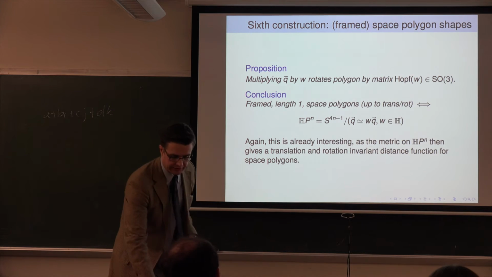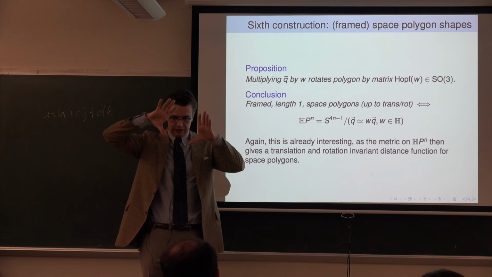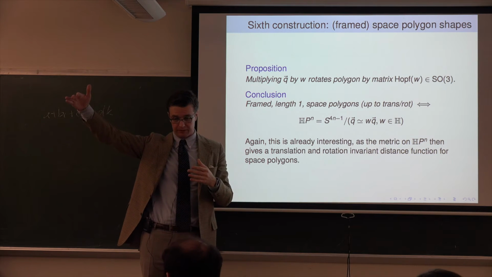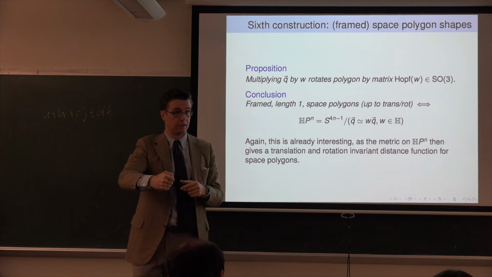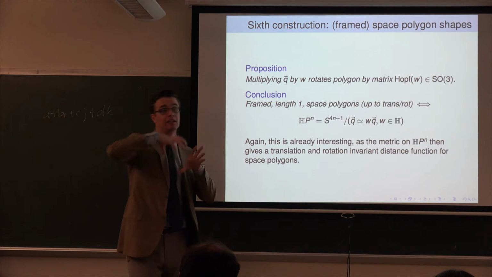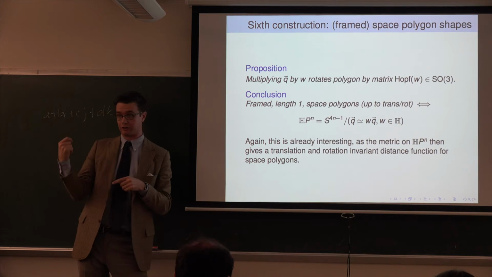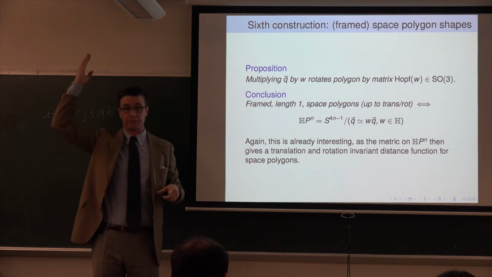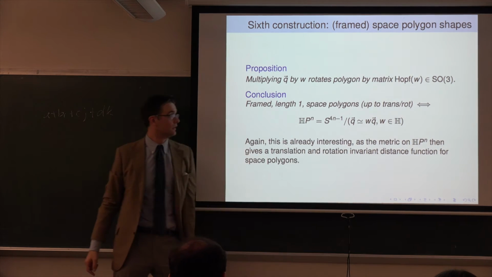And then again, you have these framed random walks. I saw them as lists of complex numbers. Now what if I want to mod out by rotations of R3? Rotations of R3 are elements of SO3, but remember, elements of SO3 are like unit quaternions. So upstairs, I'm just dividing by the action of multiplication by a unit quaternion.